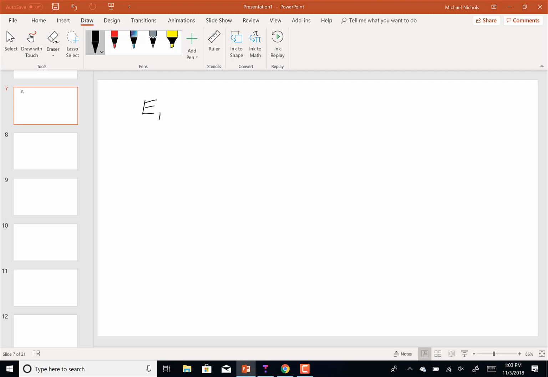if I said I have an E1 reaction, will it have a carbocation intermediate? A for yes or B for no?